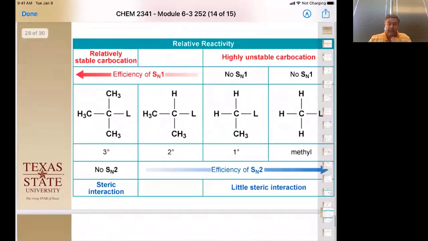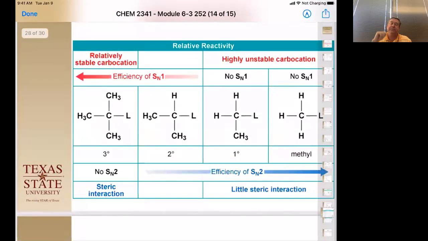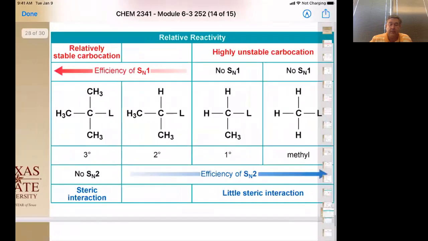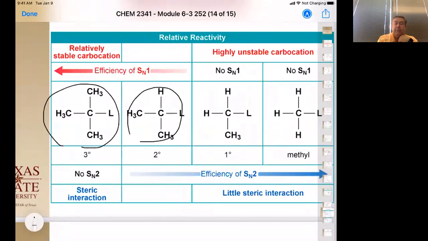So let's look at it a different way. Let's look at it as relative reactivity rates versus sterics. If we look at our secondaries and tertiaries, they can both undergo Sn1 reactions, because the secondary carbocation and a tertiary carbocation are pretty stable.